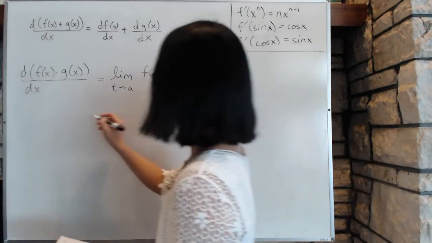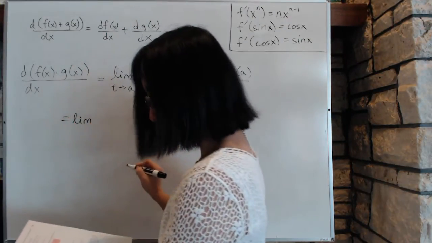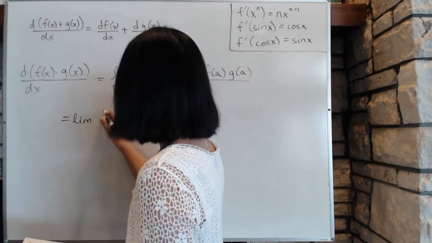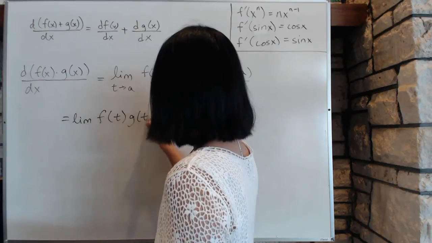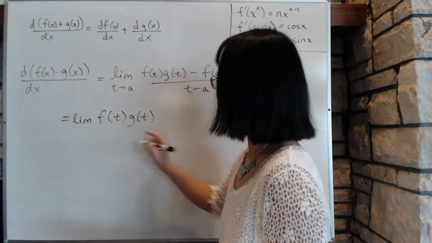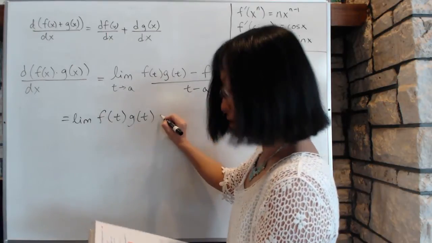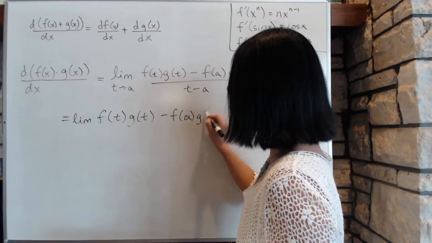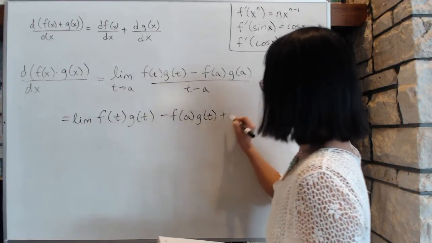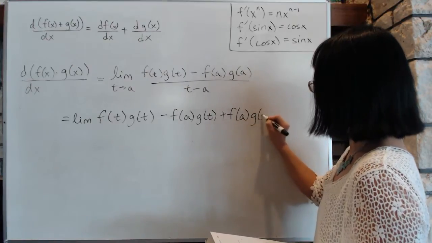So here's the trick. This is equal to the limit. We'll write down the original thing, f(t)g(t), as t approaches a. And we're going to subtract f(a)g(t) and then add it back in again, f(a), exact same thing, g(t).